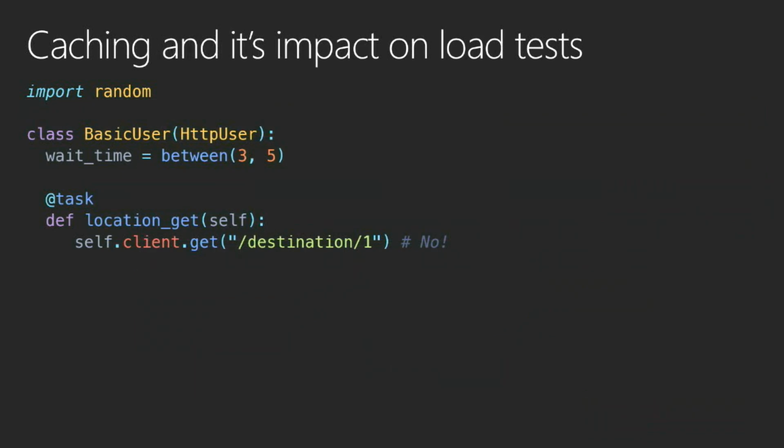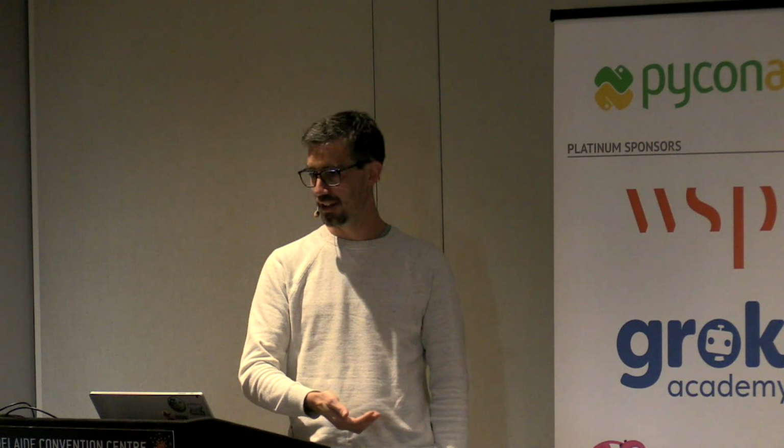Now, if you have introduced caching, there's another pitfall you can fall into. You design your load test, and in your load test, you said, okay, we're going to get destination number 1. You've tested it, and it works brilliantly, and you ship it to production, and it performs horrendously. And you're like, but I tested it. The locations page was really fast and really efficient, and then when we shipped it, it wasn't.